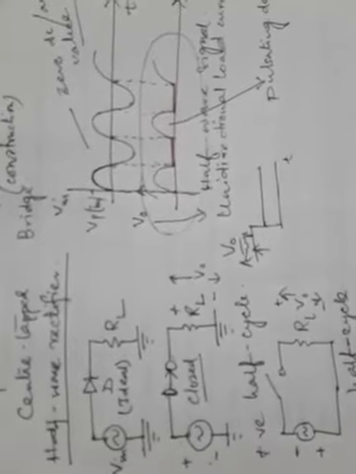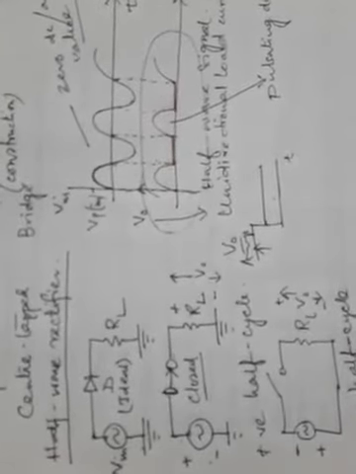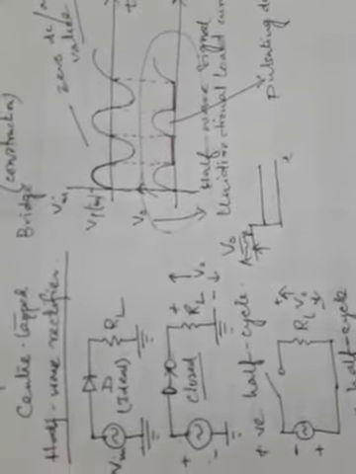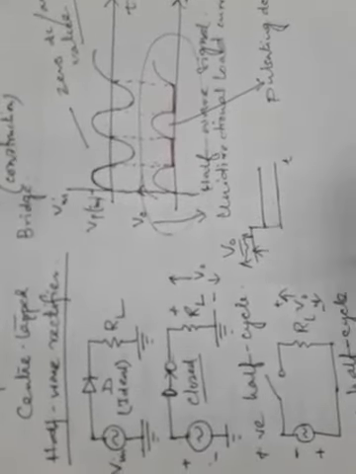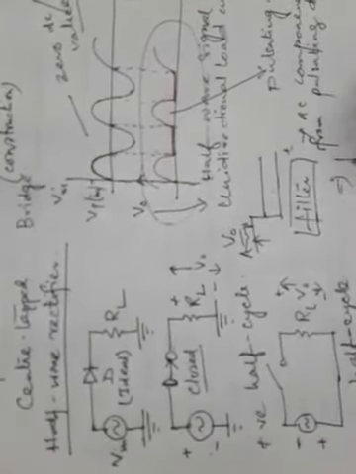To get that kind of DC voltage, we need a special type of circuit which is called a filter, to filter out AC components from this pulsating DC, so that pure DC as much as possible is obtained.